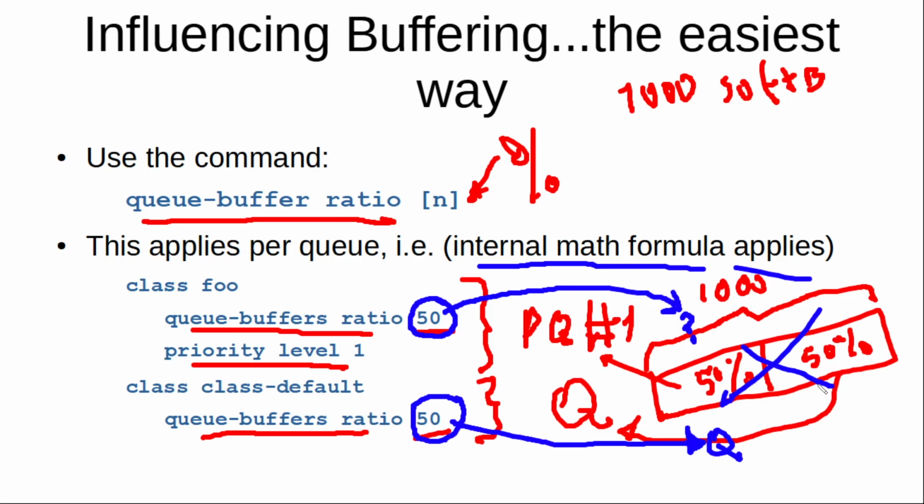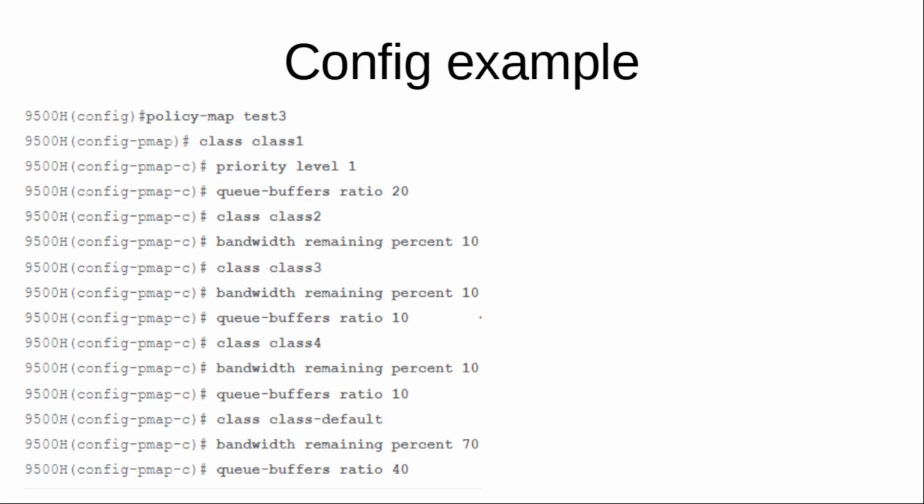So if you want to stay at this point, you may use the command qbuffer ratio and provide a larger ratio to your queues that will need to move more packets, or will have more to accommodate or to face more bursts. This is a first way to influence buffer with qbuffer ratio. So this is a larger example. In this case, we have this policy map, and we have these queues.